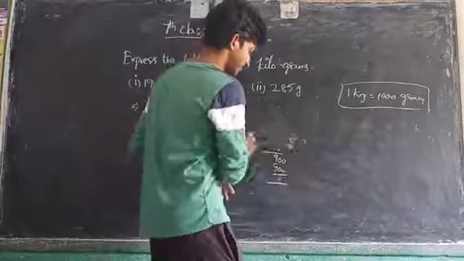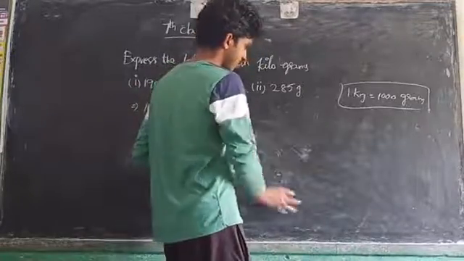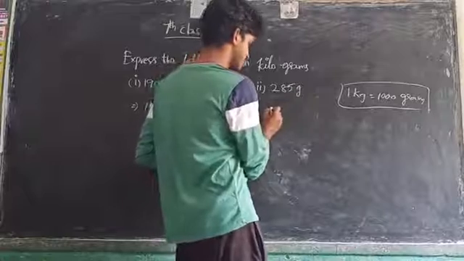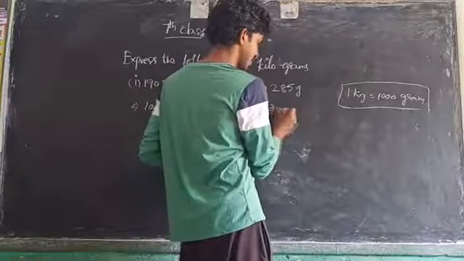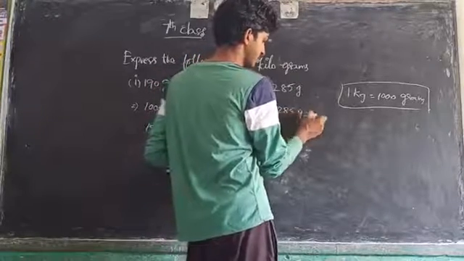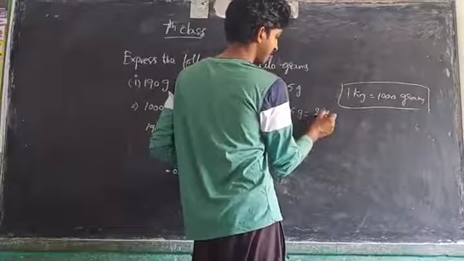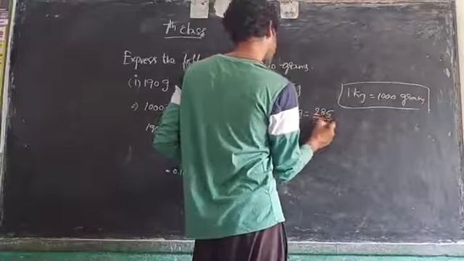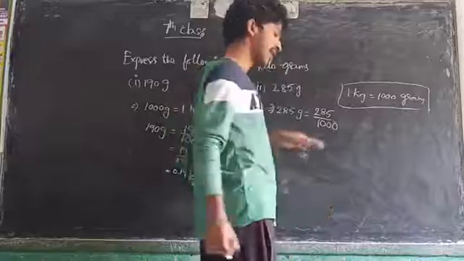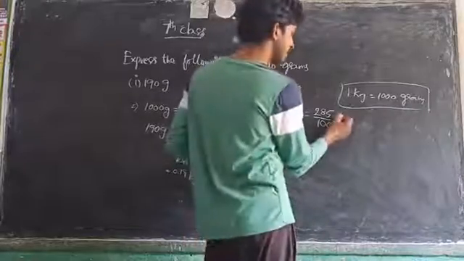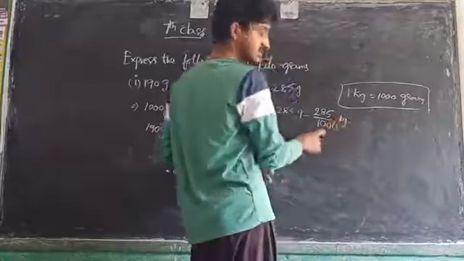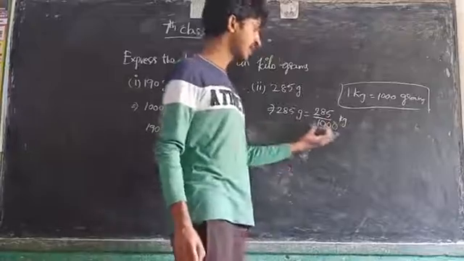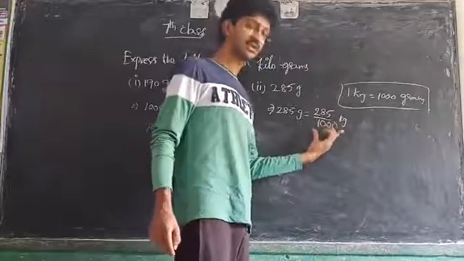Now see here, 285 grams is equal to 285 divided by 1000 kgs. This is kilograms because we are dividing 285 by 1000.